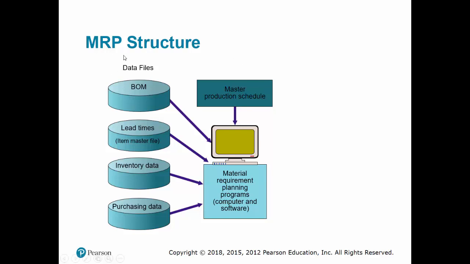Then we have other inputs coming in. This is the need, and there is a set of 4 different inputs that come into MRP. The first one is called BOM, or bill of materials. The bill of materials is a document that describes what parts, raw materials, components and subassemblies are needed to produce the finished product. Not only that, but in which order it is needed.